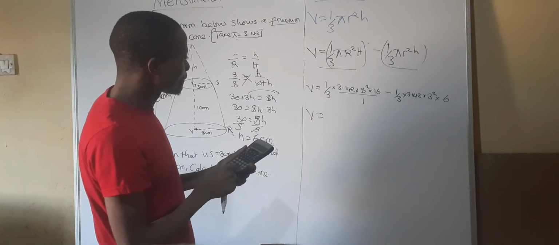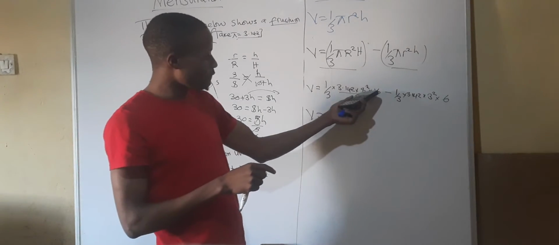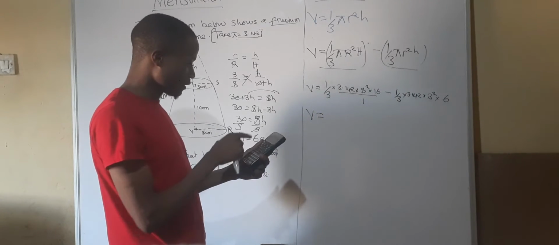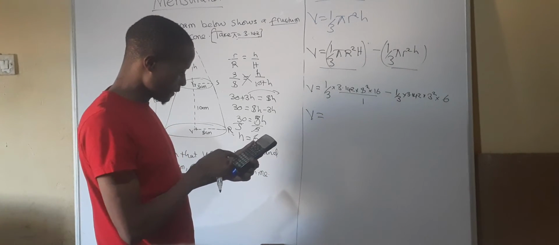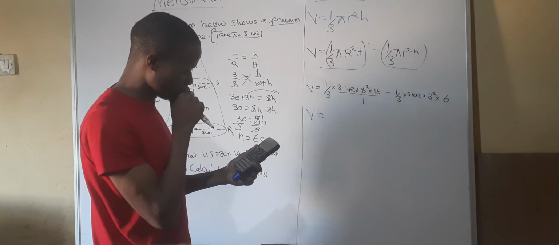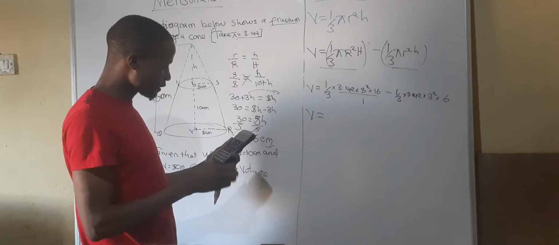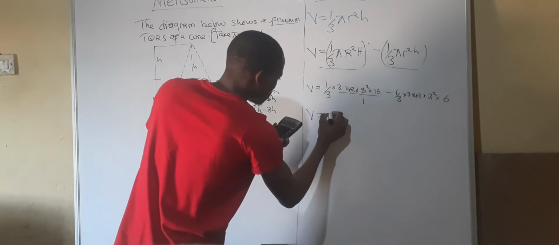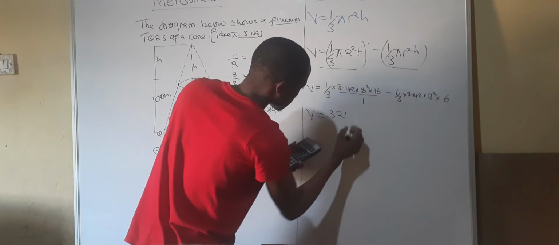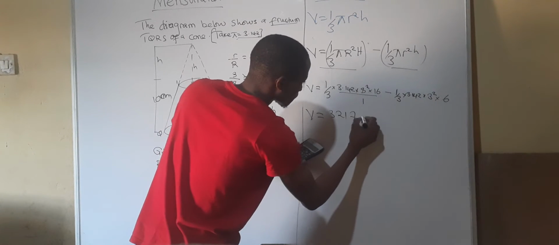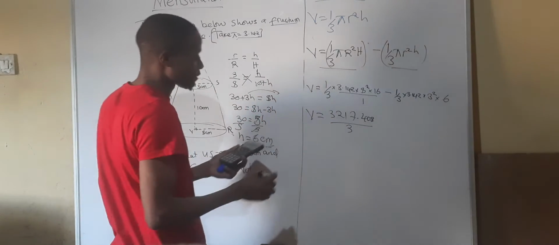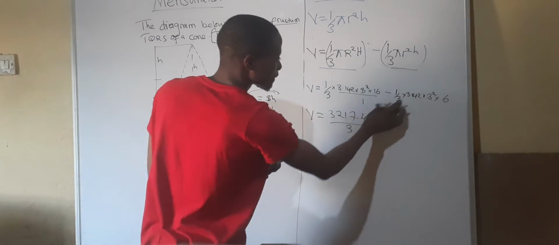Then times 8 squared, which is 64. 8 times 8 is 64. So 3.142 times 64, then times 16. Excuse me. So this is giving us 3,217.408 over 3. That is 3,217 minus what we have there.